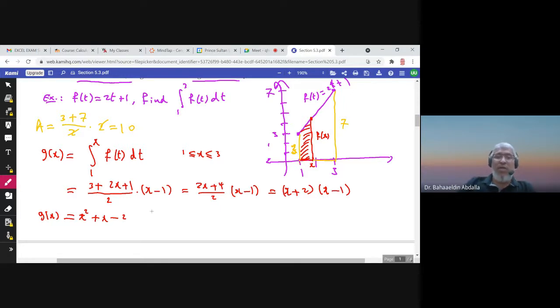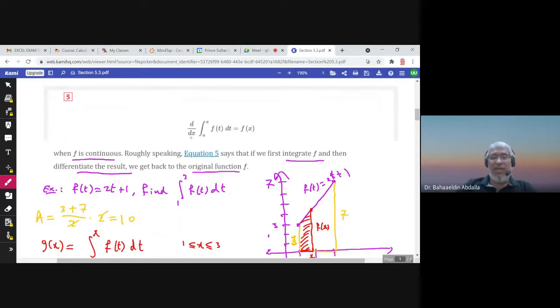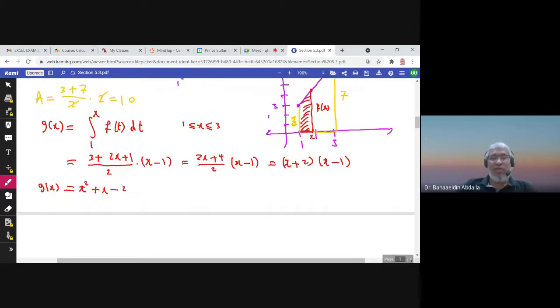So now part 1 of the fundamental theorem of calculus says, if you find the derivative of this function, you will get f of x. So let us find the derivative of g of x, or g prime of x. Well, the derivative, as you remember from calculus 1, is 2x plus 1. And what is this?